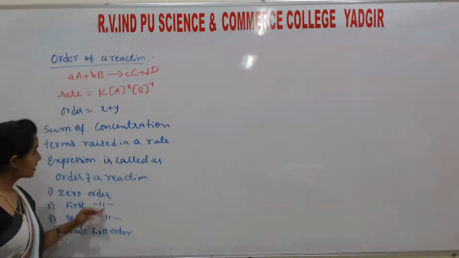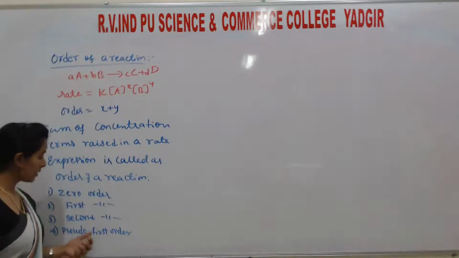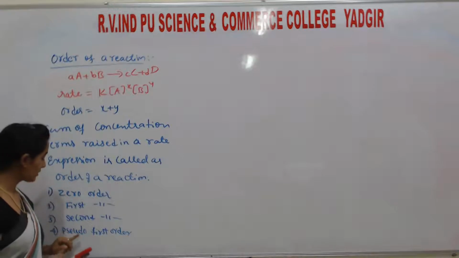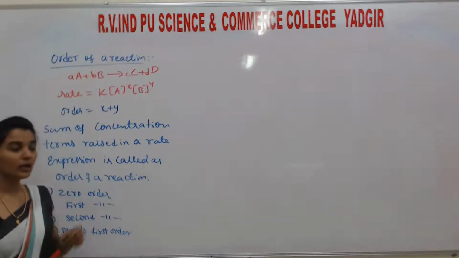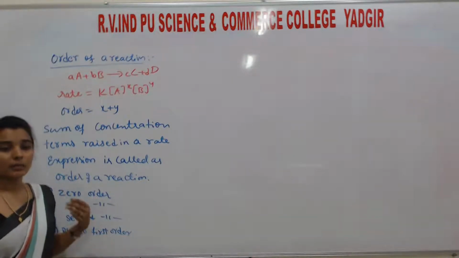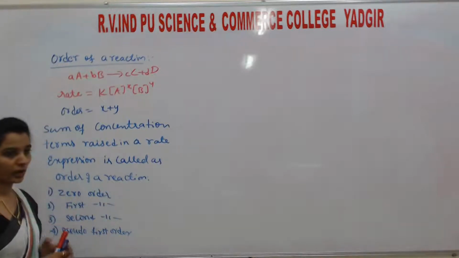If x plus y is equal to 2, then it is a second order reaction. If x plus y is equal to 2, but it applies only one term, then it is a pseudo first order reaction. Why it is pseudo means false. Okay? Why it is called as pseudo first order? It is a bimolecular reaction, but it shows first order reaction. Okay? I will explain with example, then you will understand easily.